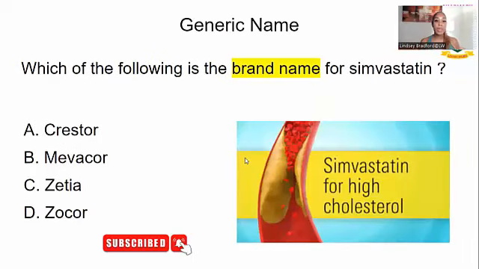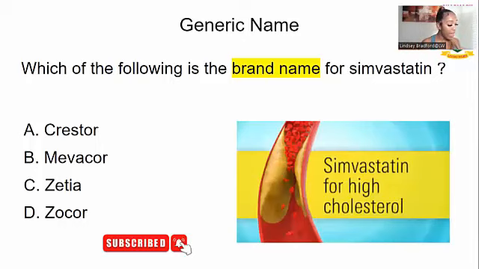Let's look at generic names, right? So now we're talking about simvastatin. And you know that I have taught you that anything that ends in the suffix statin is used to treat what? High cholesterol, because if it's a statin, it is used to treat high cholesterol, okay? High cholesterol is one of those drugs that is pretty common, and we see that a lot.